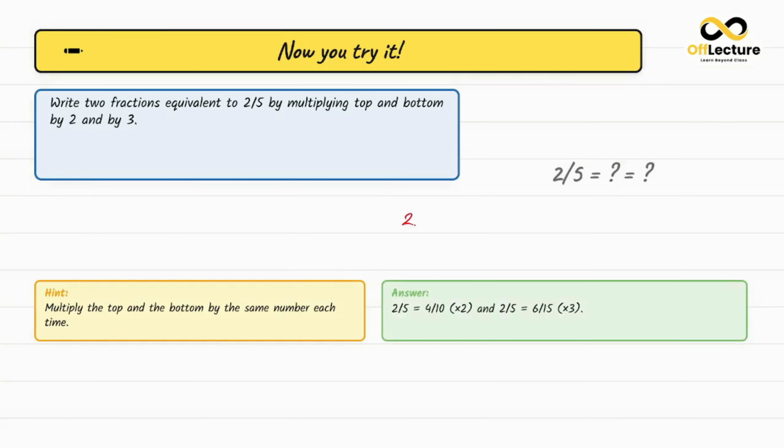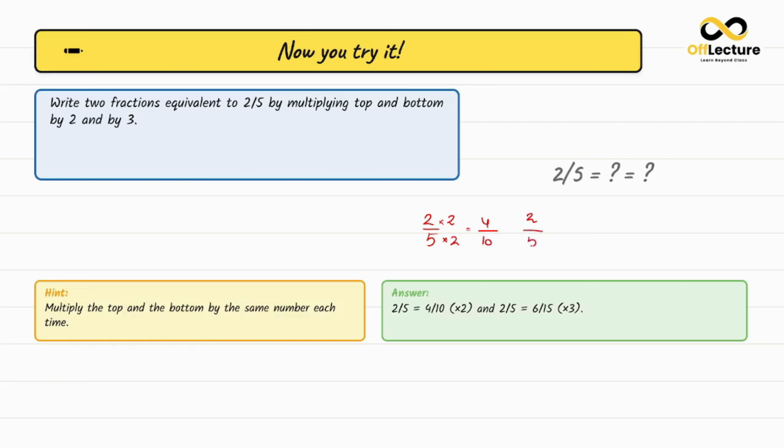So if I take my fraction 2 by 5 and multiply it by 2 here and by 2 here, we will get 4 by 10, which is the equivalent fraction of 2 by 5.